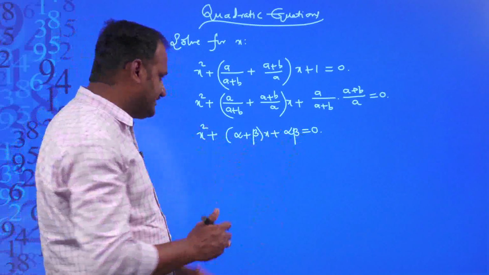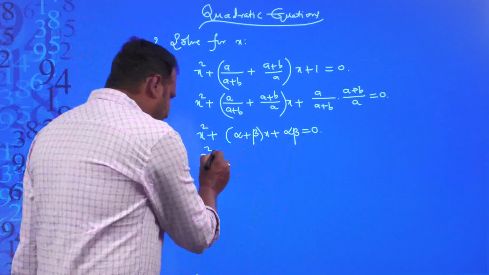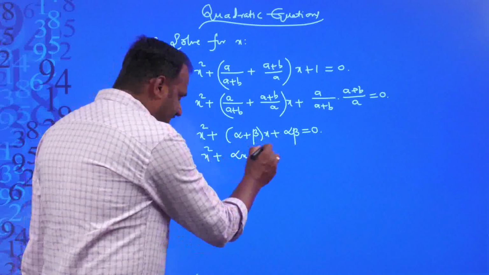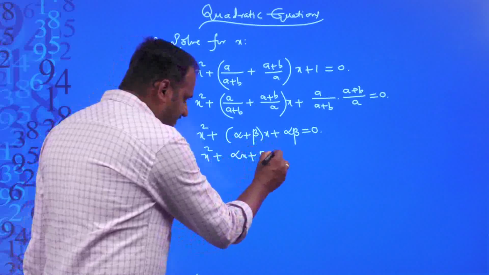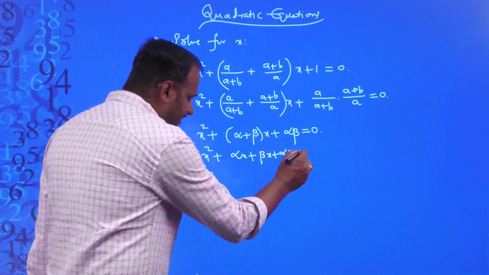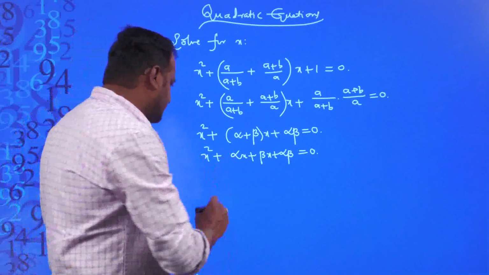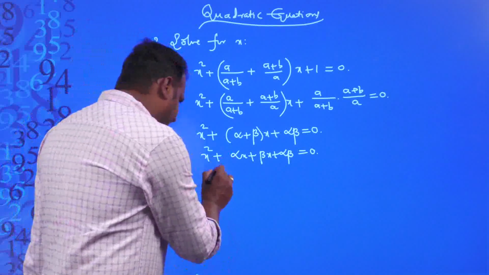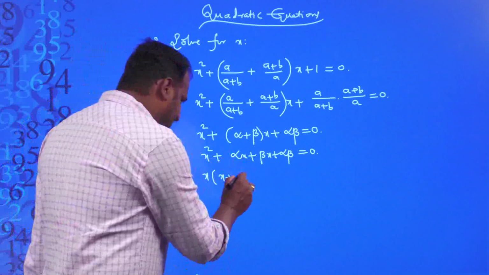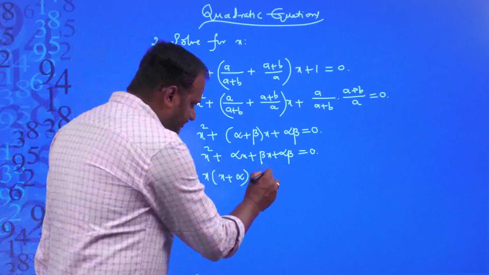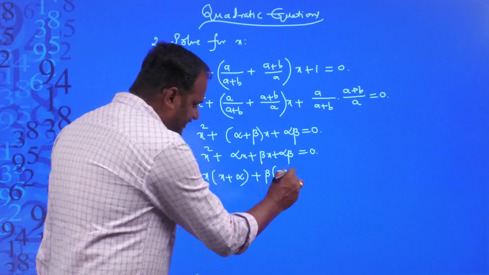If you factorize this, then it is going to be x square plus alpha into x is alpha x, plus beta into x is beta x, plus alpha into beta is alpha beta, which is equal to 0, right. From the first two terms, you can take one x common, remaining x plus alpha, and from these two terms you can take one beta common, remaining x plus alpha.